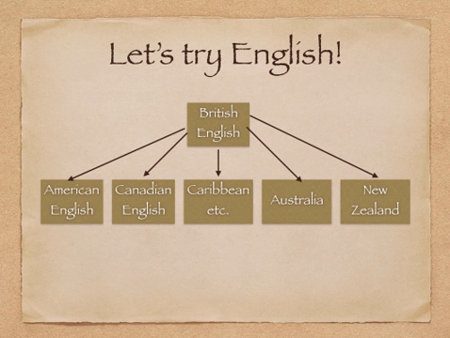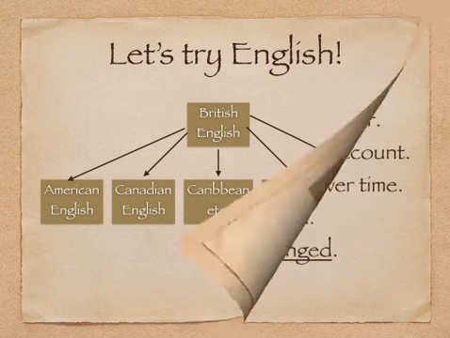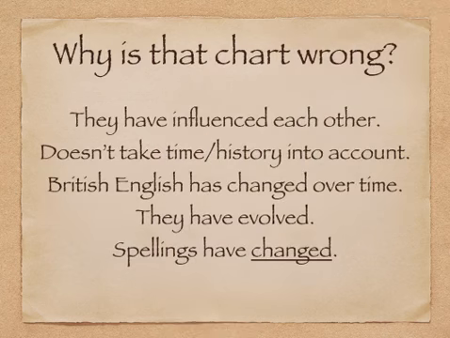So I'd like now just to look at a few reasons why this chart is actually true in a sense. It's true if you look at English today, but it was very, very misleading when we look at the whole swathe of English down through the years. So let's just have a few thoughts about why this is problematic.